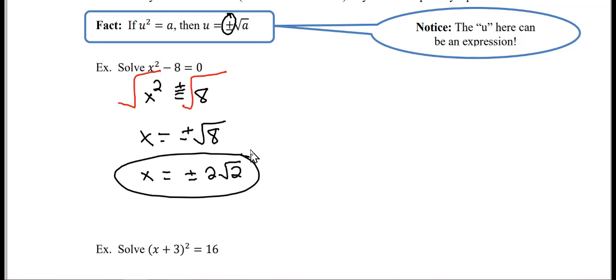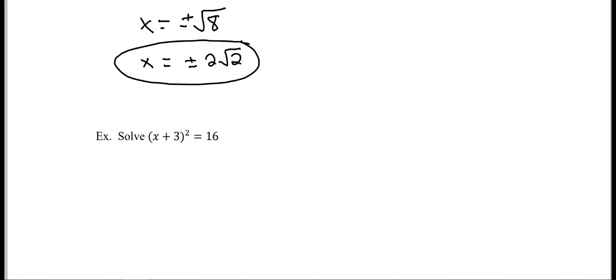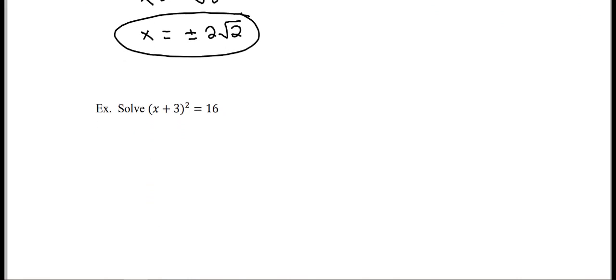With a quadratic equation, you will have at most 2 real solutions. You could have 1 real solution, you could have 0 real solutions, but you're never going to have 3 or more, with a quadratic, if it truly is a quadratic, where the highest exponent is 2.